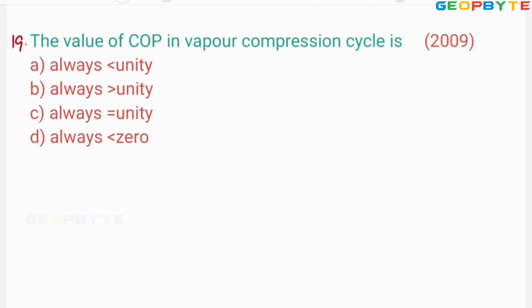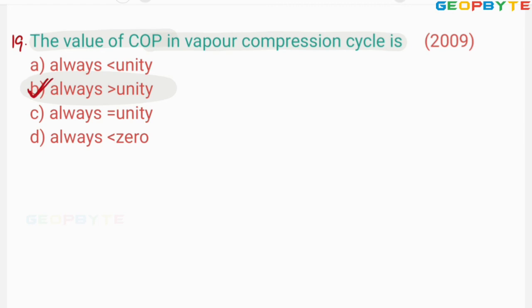Look at the 19th problem. The value of COP in vapor compression cycle. Remember, the COP of vapor compression cycle is always greater than 1, always greater than unity. Therefore, option B is absolutely correct.